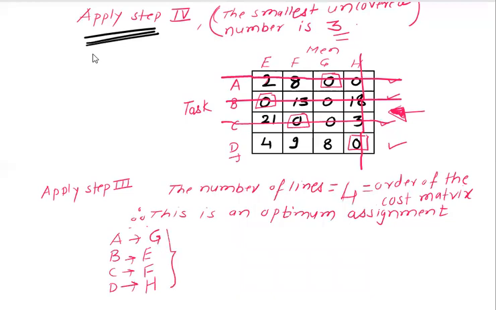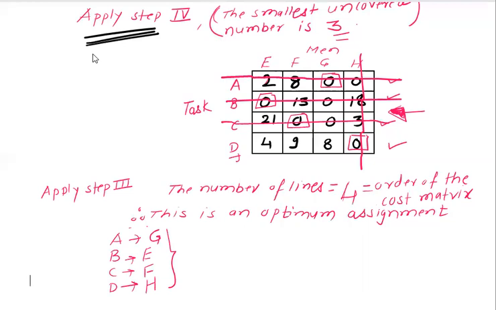There is no zero left, as we observe. So this problem does not have an alternate solution. There is no choice of assignment. While we have made each assignment, we observe that we started an assignment in a row containing a single zero and in a column containing a single zero, and we get only one zero when we make an assignment.